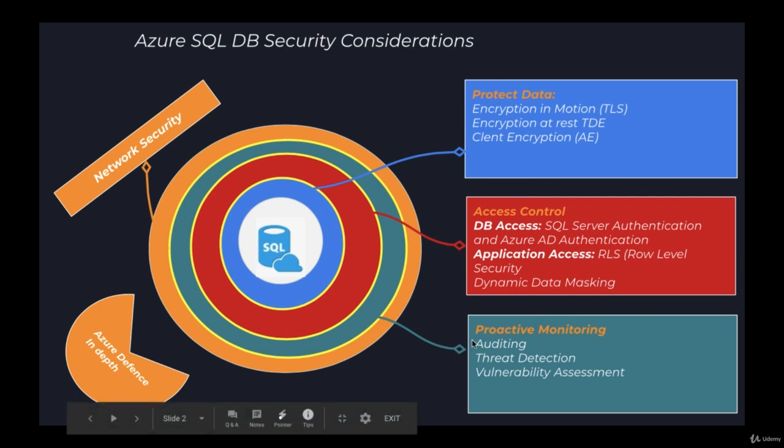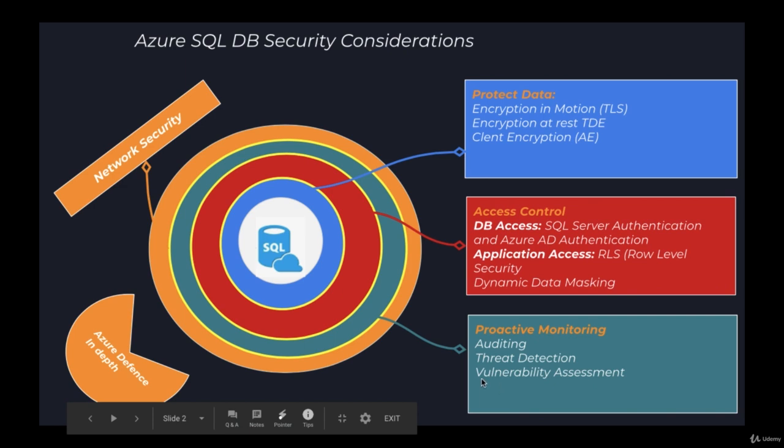And then in proactive monitoring, there are features like auditing, to get reports on what happened, who accessed which thing and at what time. Then threat detection and alerting are there: if any kind of threat is happening, such as SQL injection, or somebody is running a malicious query, all those alerts can be set. Then there is vulnerability assessment.